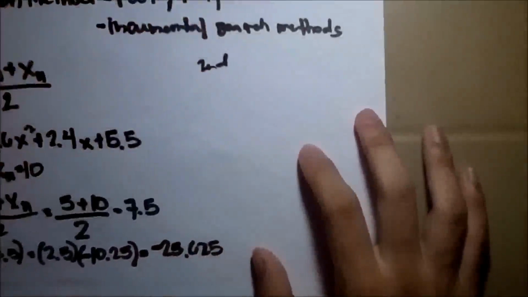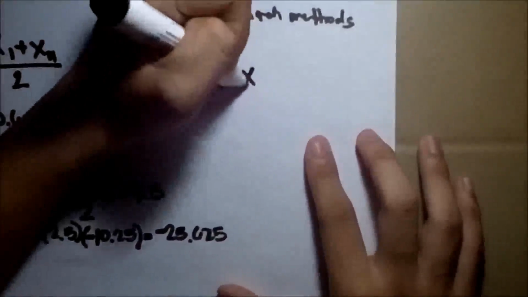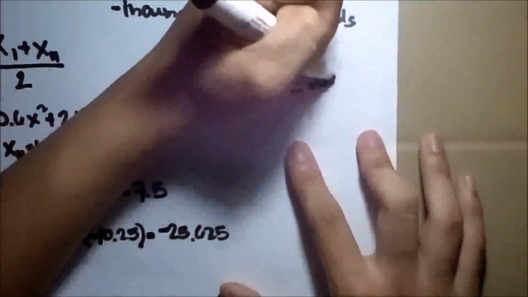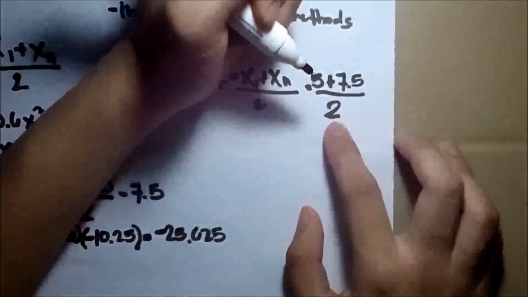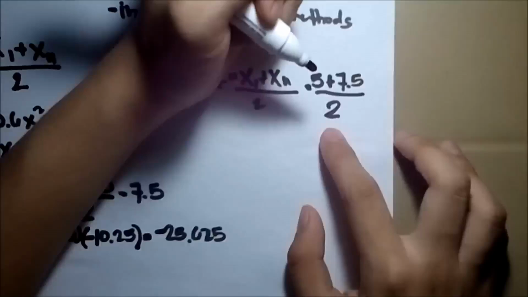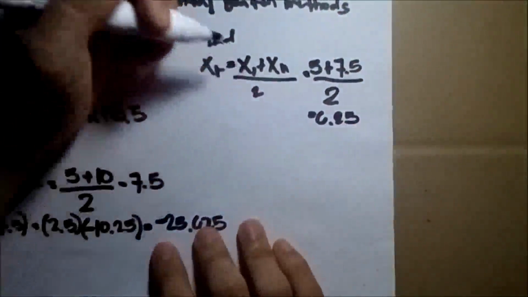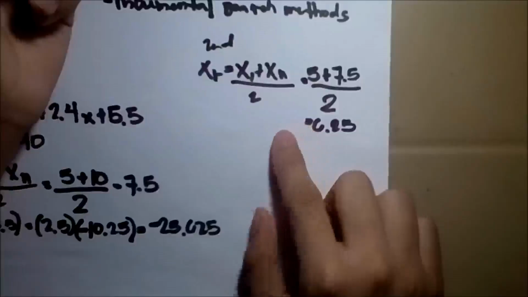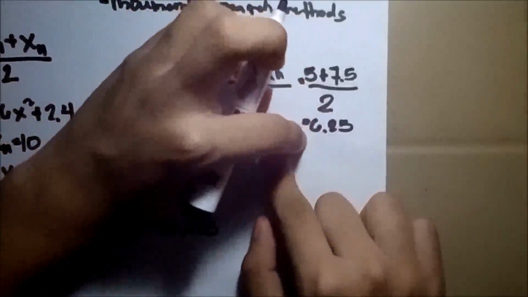For the second iteration, x sub r equals 5 plus 7.5 over 2, which is 12.5 over 2, equals 6.25. We must find the real root between 5 and 6.25, or 6.25 and 7.5.